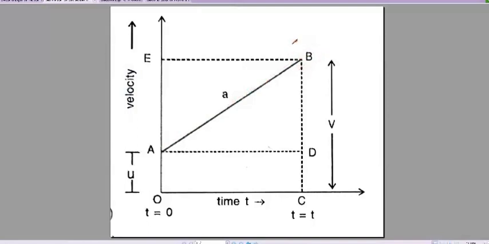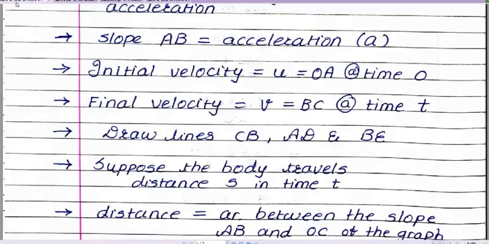So this point B becomes your final position. And that's why this BC is your final velocity. And this BC, which is your final velocity v, is at the time t. Means after t time, this is your final velocity.